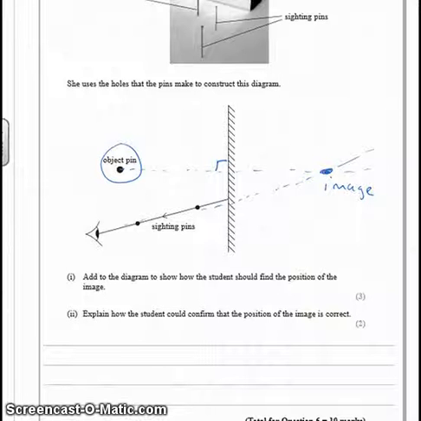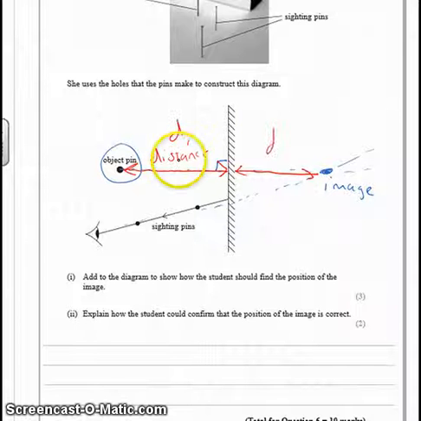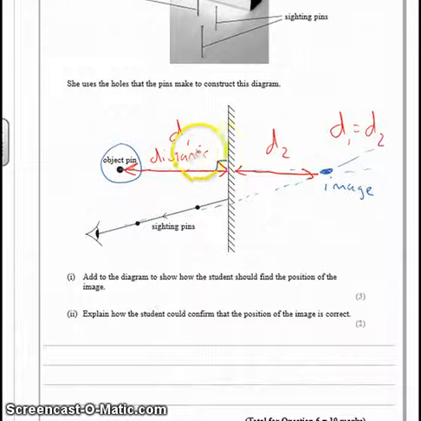We're then asked, how could the student confirm the position of the image is correct? Well, we can measure using a ruler this distance here, and then on our diagram we can check that it's the same as this distance here. If we call this D1 and this D2, then D1 should be equal to D2.